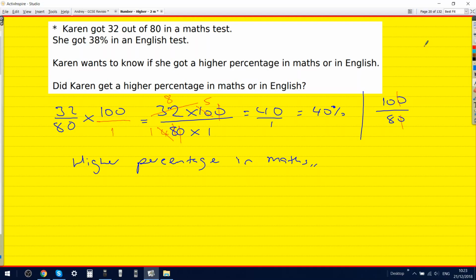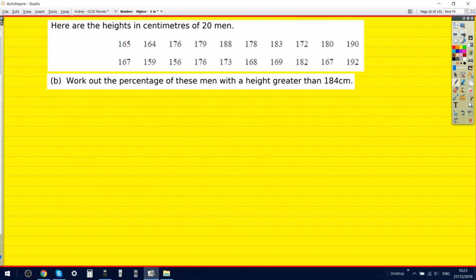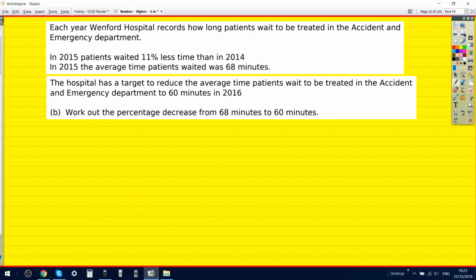Okay. So that's Edexcel 2 calc papers. Okay, I'll look into it, but all right. So if you're doing calc, then that's grand. Okay. Let's use calc method. This one will be fine.